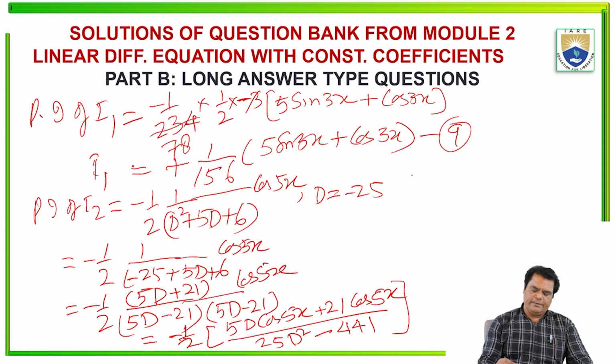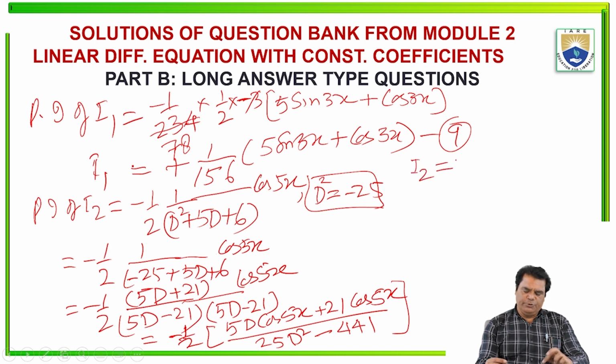So putting here D square equal to minus 25. So this answer I2 is equal to 5D, 5D means minus 5 sin 5x.